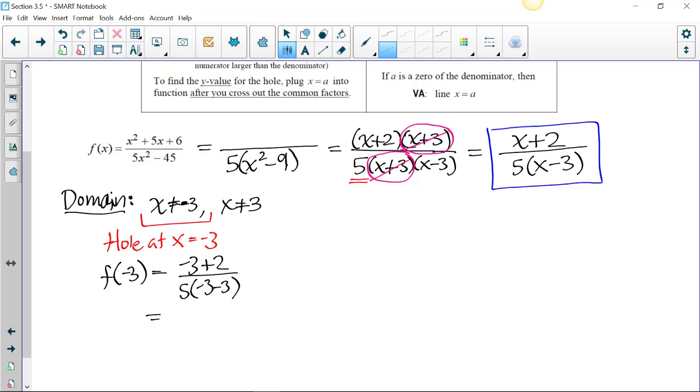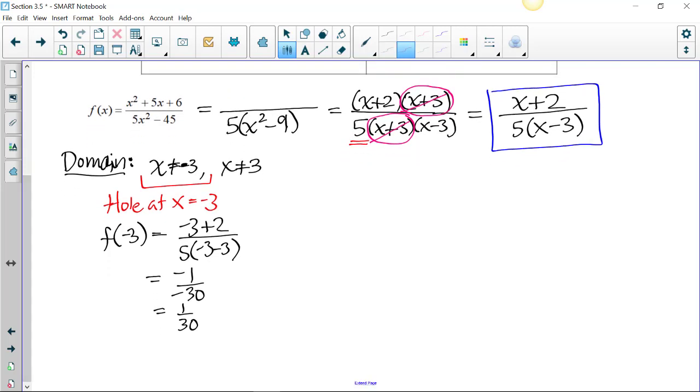All right, so we end up getting negative 1 over negative 30, which is 1/30, I believe. Okay, so then if I was going to graph it, the location or the ordered pair for the hole would be at negative 3, 1/30. So that's where I would put that on my graph.